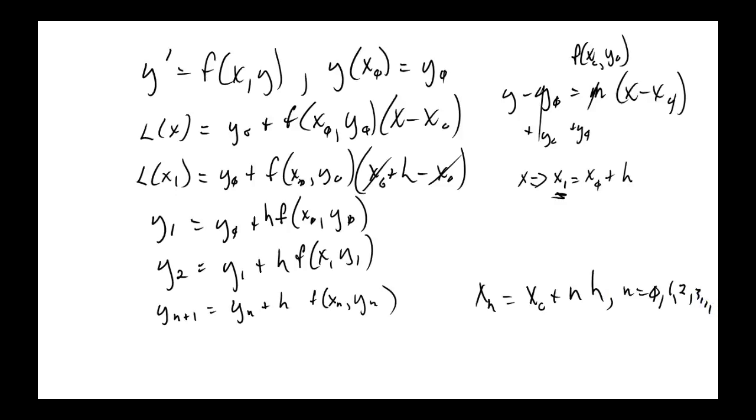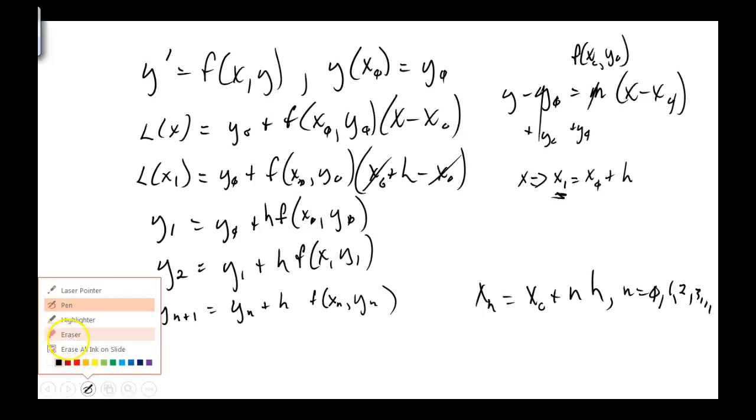And that procedure of using successive tangent lines is called Euler's method. So let's do one.